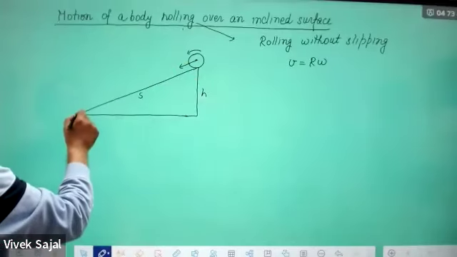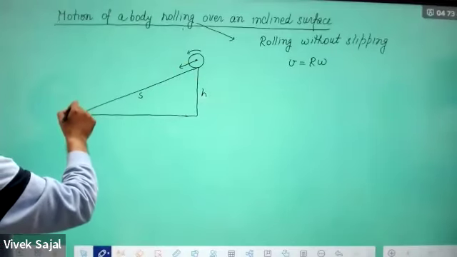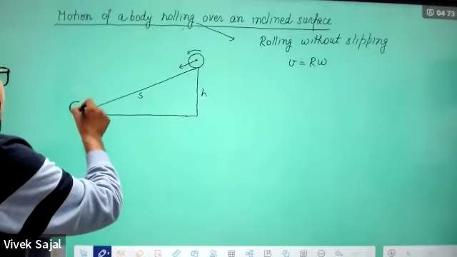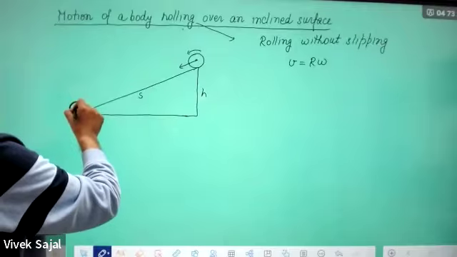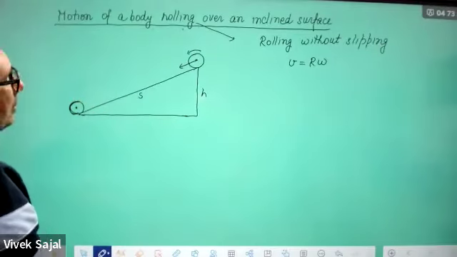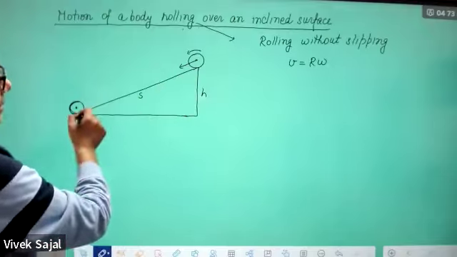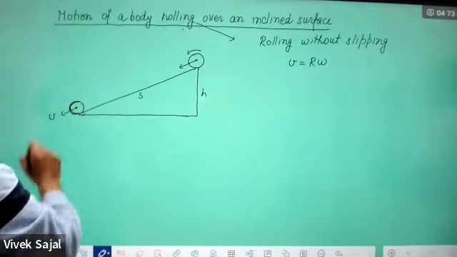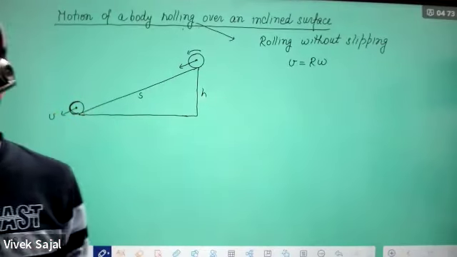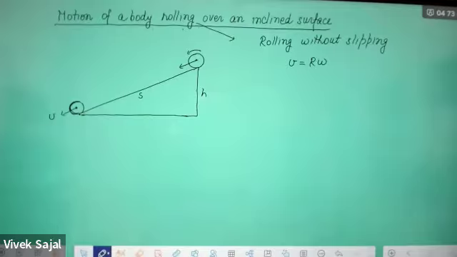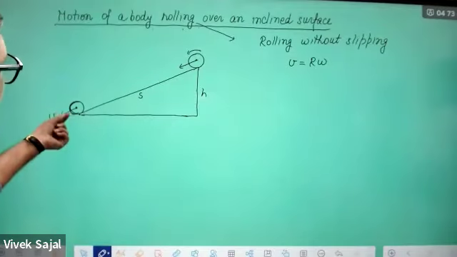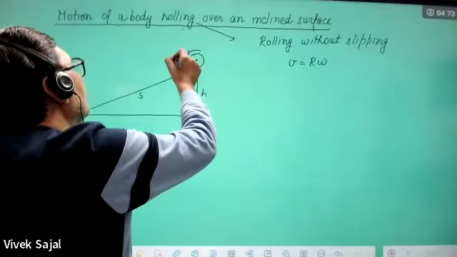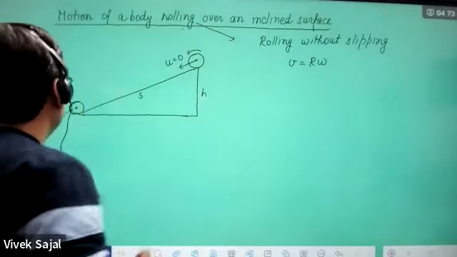Initial velocity will be 0. When it reaches the lowest point, it has traveled a distance s, and it will have a velocity v. Here, u is 0.